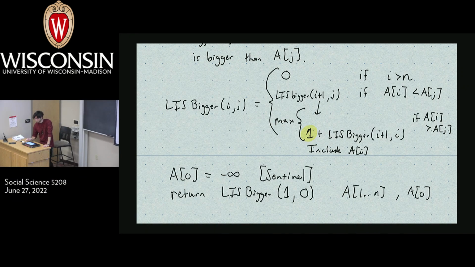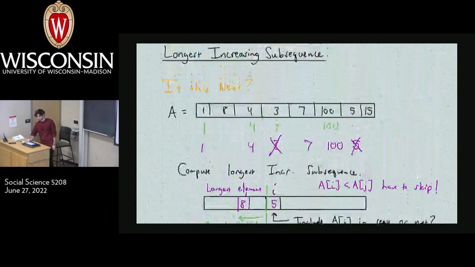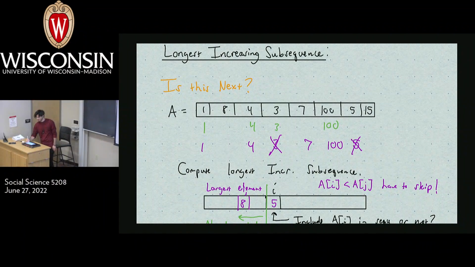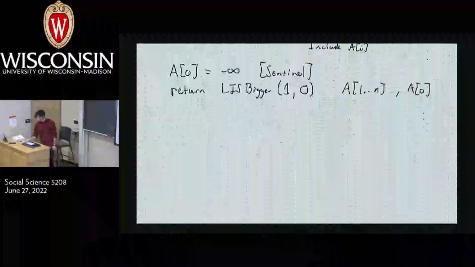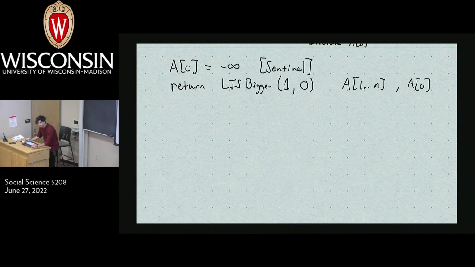So we're just counting the number of things in the sequence, not the actual elements. Yeah, but this isn't a subset sum. It's just the number of things. So if like here, this is a subsequence of size 4. Yep. Okay.